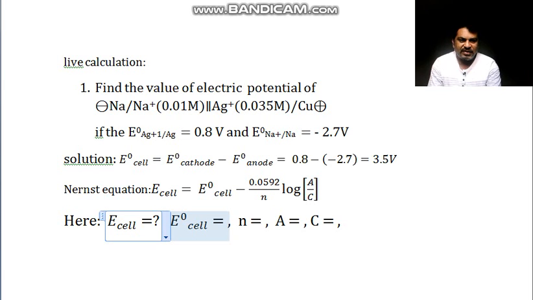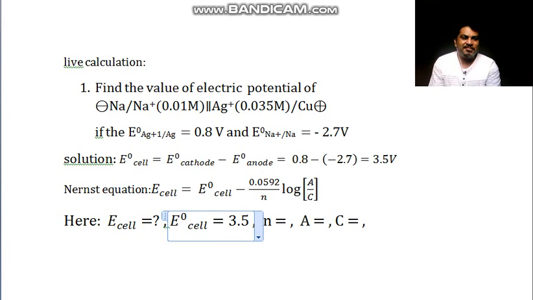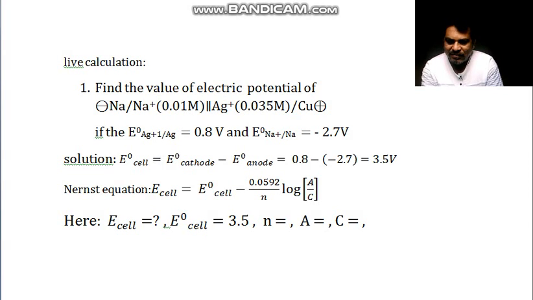E degree cell we just calculated as 3.5 volt. Number of electrons: any doubt? Number of electrons will be only 1 here and 1 here, so I am writing 1.